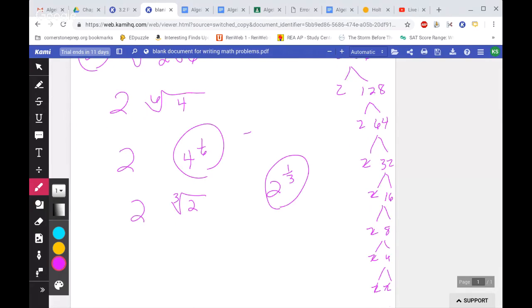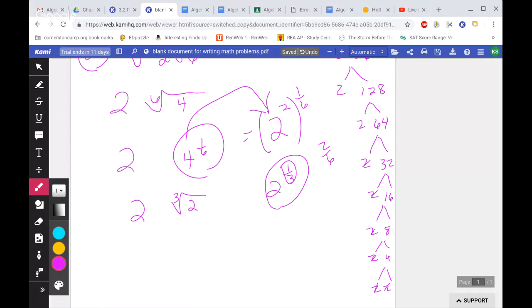And this is the same as 2 squared. We did this earlier. How is 4 the same as 2 squared? Yeah. And then 2 times 1/6 is 2/6, which is 1/3. And that's how you get to there.